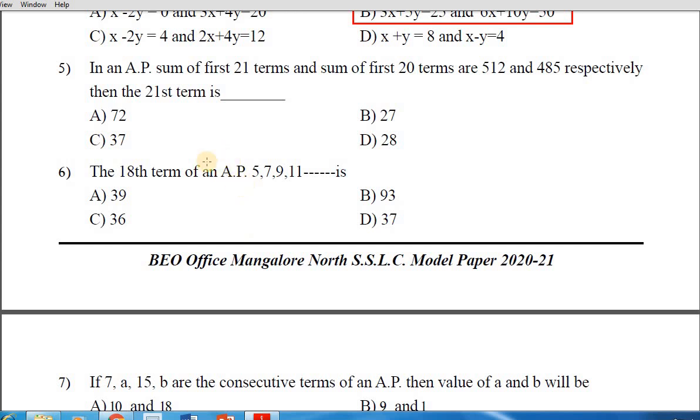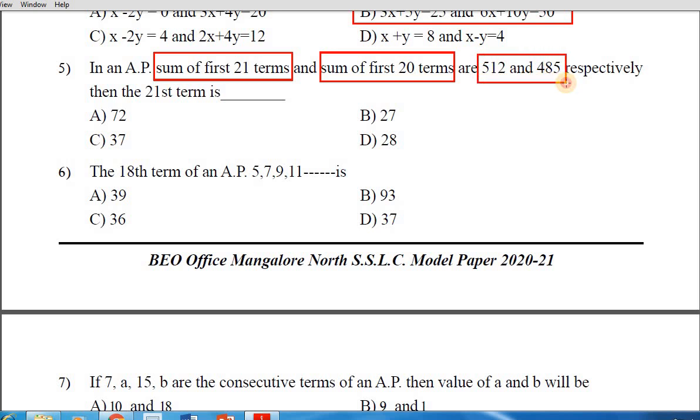Question number 5, children. In an AP, the sum of first 21 terms and the sum of first 20 terms are 512 and 485 respectively. Then, the 21st term is. Children, the same kind of problem we have seen in model question paper 2. There they clearly said that the sum of 15 terms is one number and the sum of 14 terms is another number, and asked us to find A15.